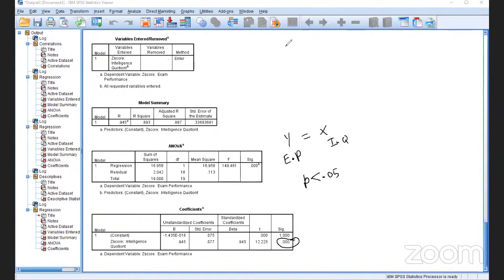Now the second relationship I check is between exam performance and self-study. Is there any relation between the two or not?